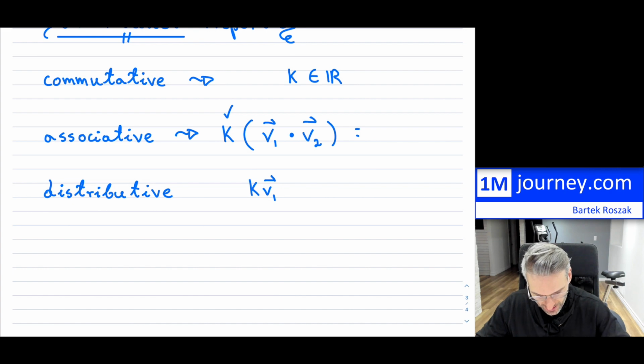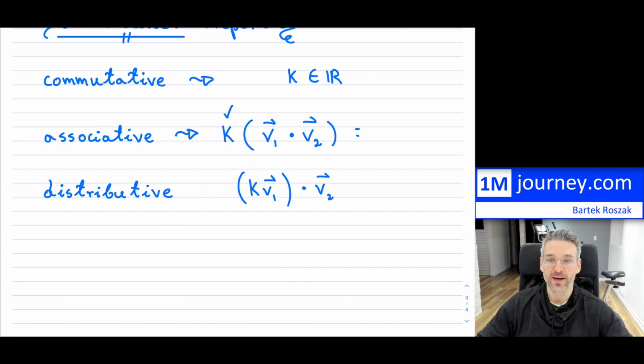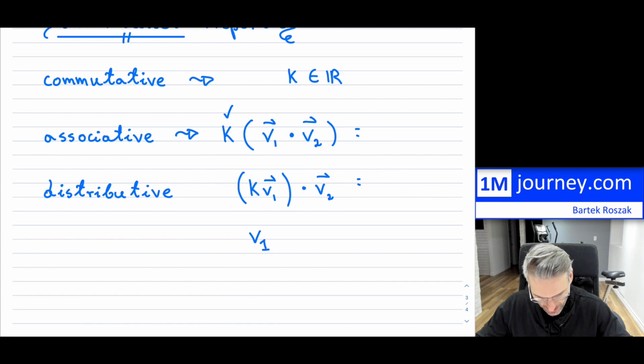So what we can say is that this is going to be equal to k times v1 dotted with v2. You can associate the k with the first vector, or you can associate the k with the second one. This is going to be exactly the same thing.